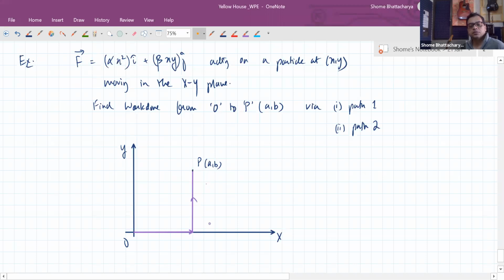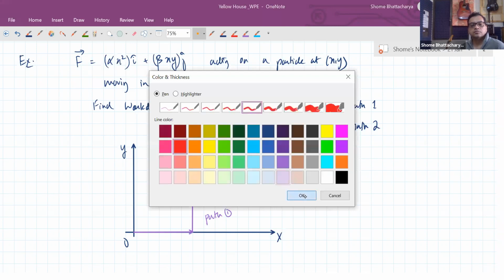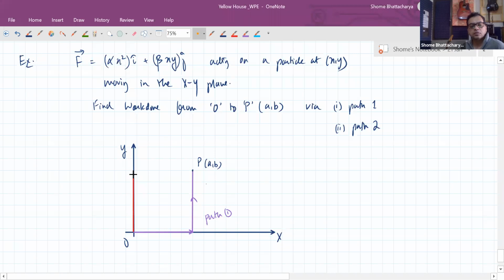This is our first path. And likewise, this is our second path. Now try to work this out yourself. What is the work done in each of these paths? Use the same kind of method like we did earlier.